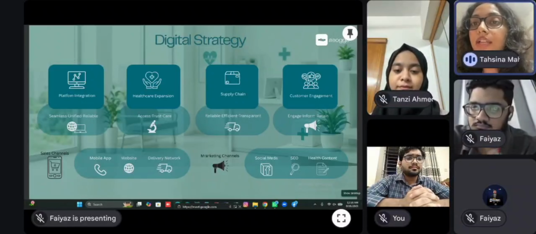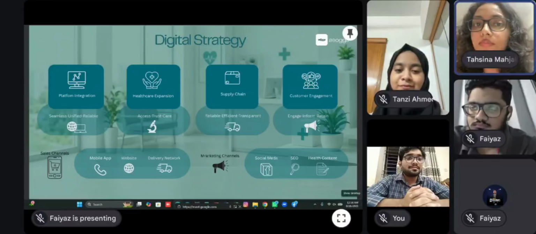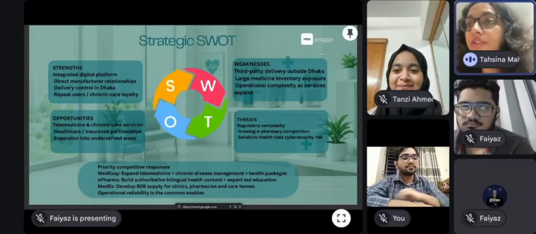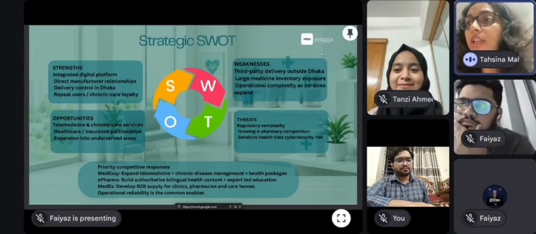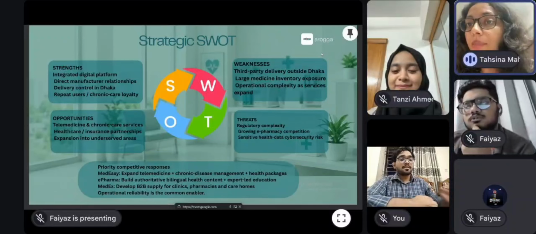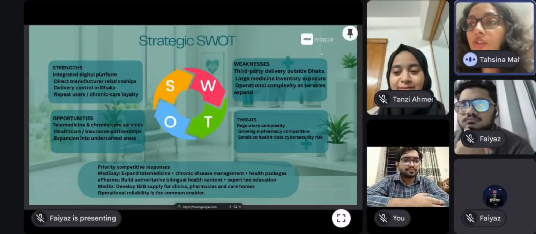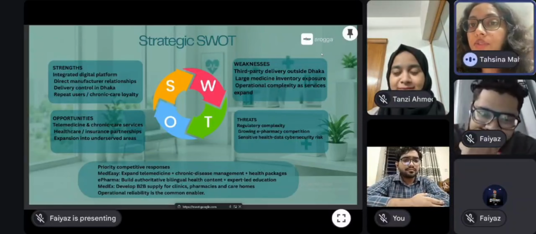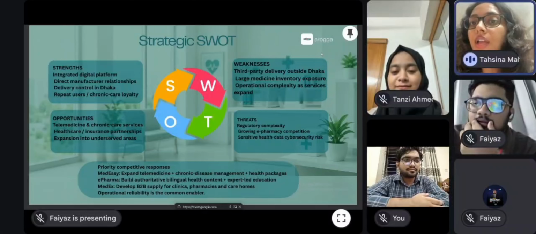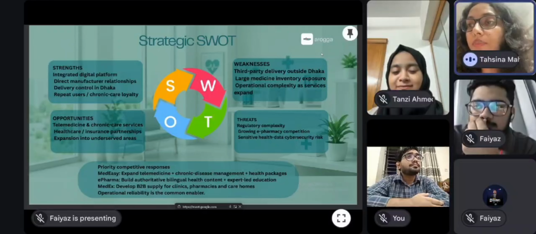Moving on to the next slide, the strategic SWOT analysis. This slide represents Arogga's SWOT analysis. Its strengths include an integrated digital platform, direct manufacturer relationships, delivery control in Dhaka, and repeat users. Its weaknesses include dependence on third-party delivery outside Dhaka, large medicine inventory, and increasing operational complexity.